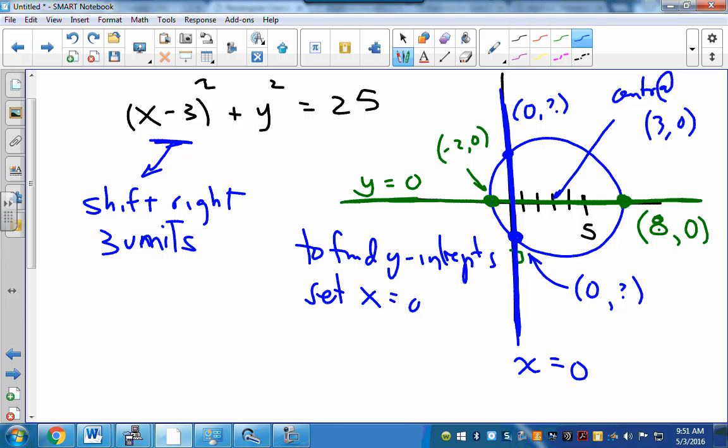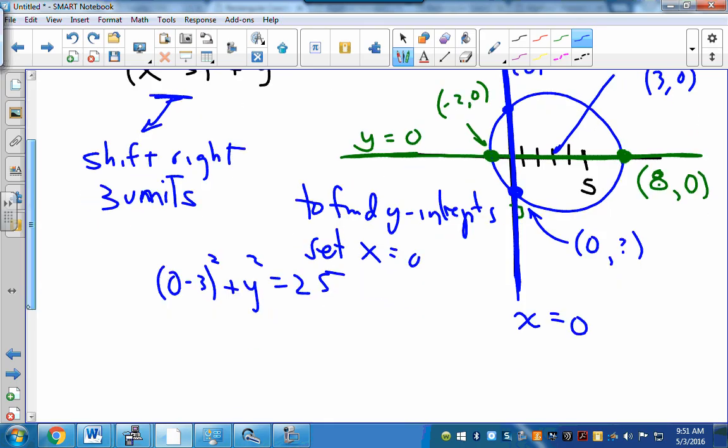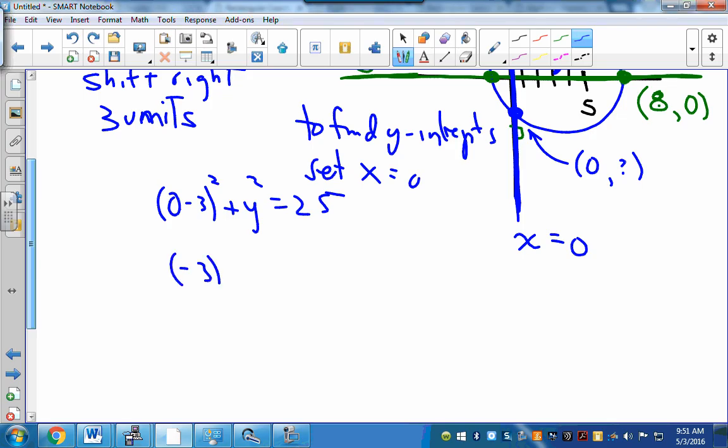You go to your equation, x is 0 now. So we have 0 minus 3 squared plus y squared is 25. So we have negative 3 quantity squared plus y squared is 25. And again, this is sort of reminiscent of what we did very, very early in the year.